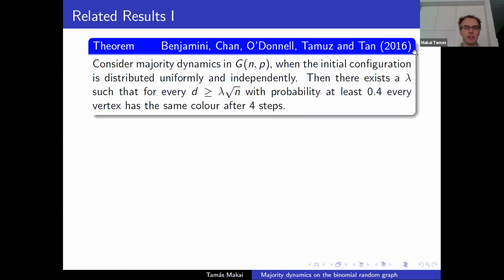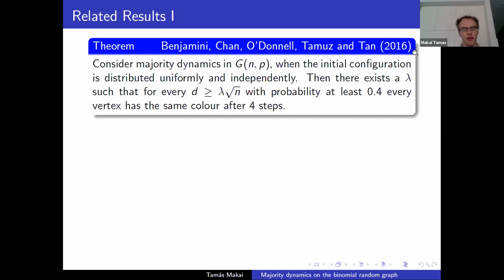Benjamini, Chan, O'Donnell, Tamás, and Tan didn't only state the conjecture, they gave a partial proof. So we're assigning the initial colors uniformly and independently.